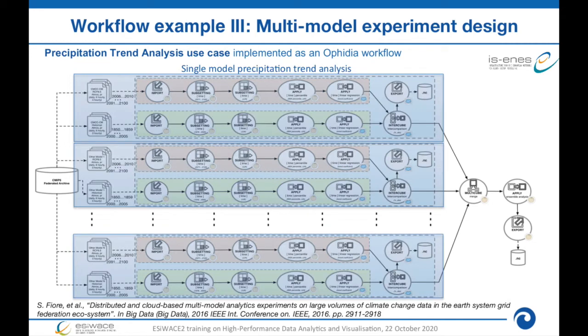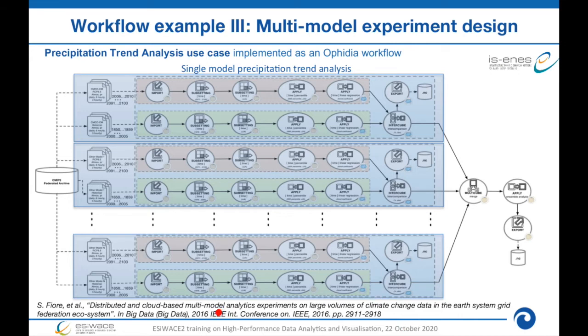This workflow consists mainly of two stages. In the first part, basically there are multiple identical sub-workflows which are computing the precipitation trend analysis over the data of the single model. And for each sub-workflow, you can see there are two identical pipelines which extract the precipitation trend from the historical and future scenario datasets. In this case, I think it was the RCP 8.5 from CMIP experiments, and this is done for each input model.